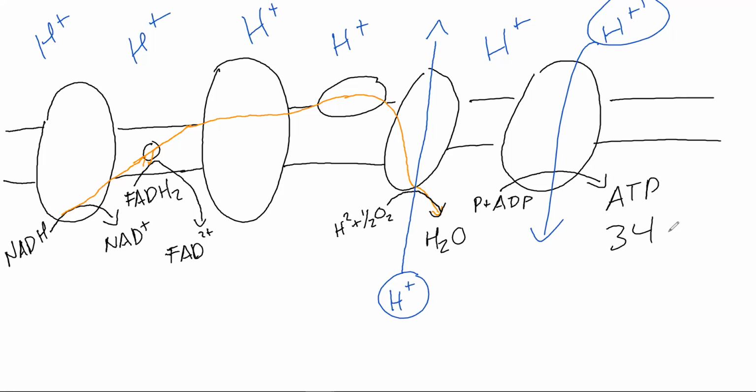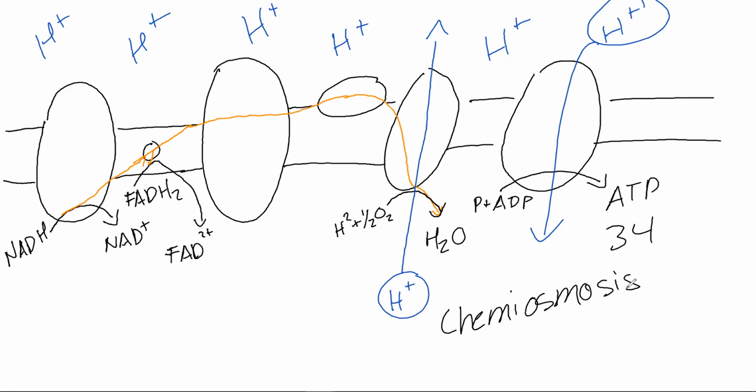But this whole process of H plus flowing in due to the concentration gradient is called chemiosmosis. Chemiosmosis is all about that concentration gradient allowing us to make ATP, right?